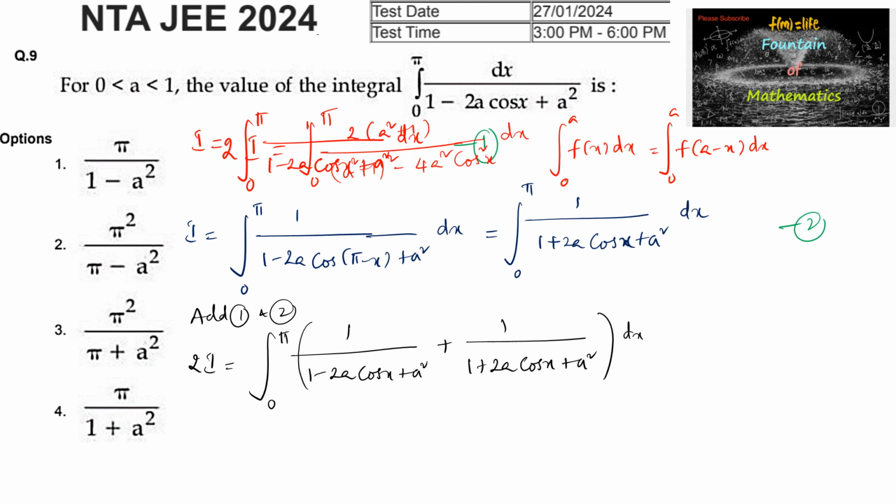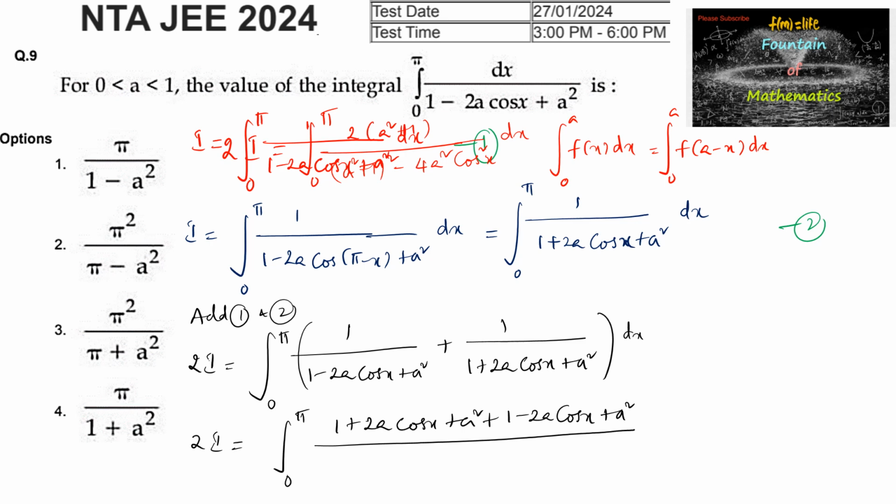And in simplifying, we get 2I is equal to integral 0 to pi of (1 + 2a cos x + a square) plus (1 - 2a cos x + a square) upon, using (a + b)(a - b), (a square + 1) whole square minus (2a cos x) whole square dx, which is equal to integral 0 to pi.